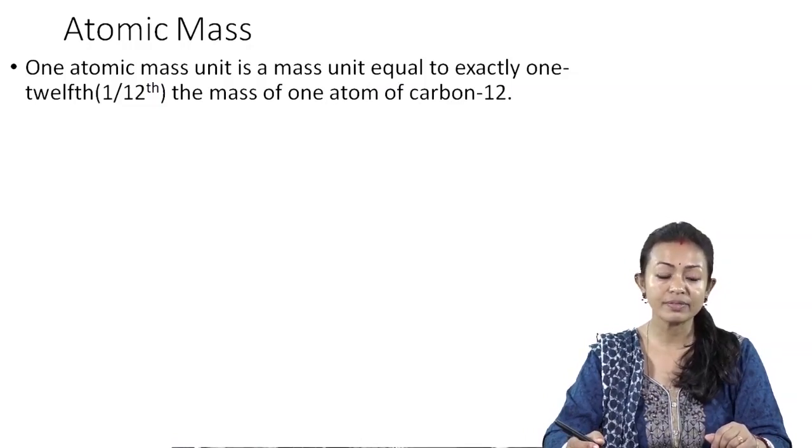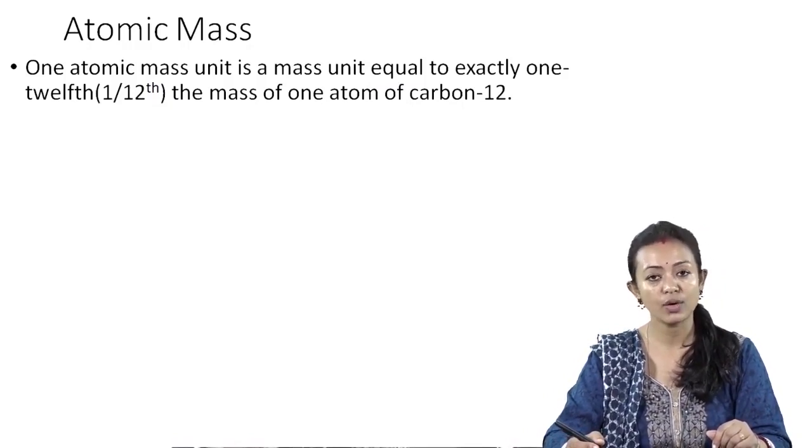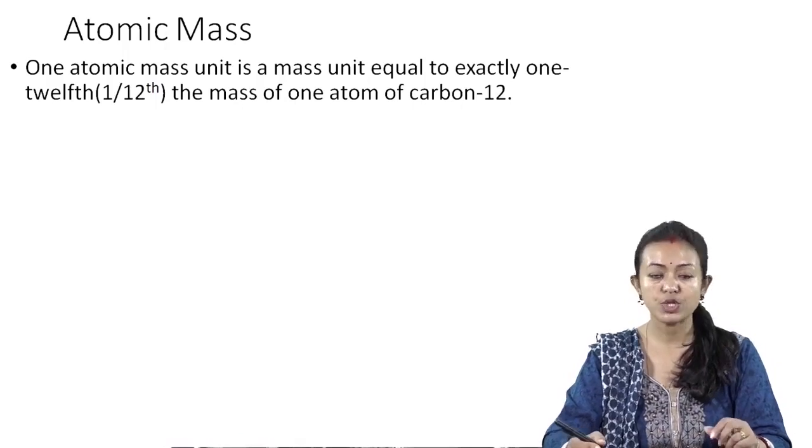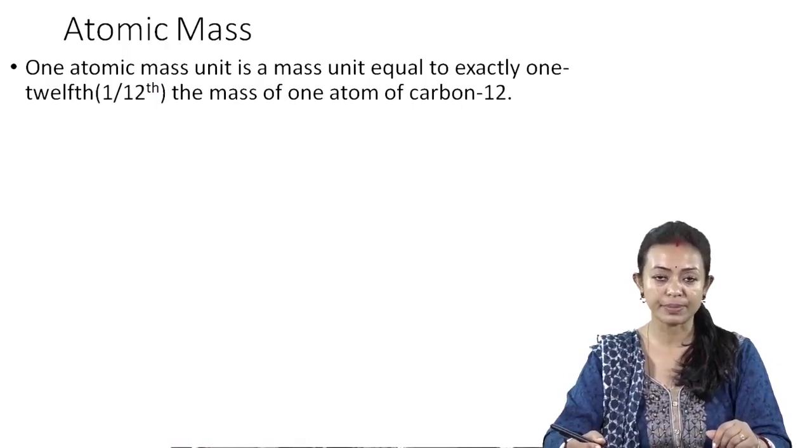Now, what is carbon-12? Carbon-12 is an isotope of carbon. Carbon exists in three isotopes: carbon-12, carbon-13 and carbon-14, which you are going to learn in the coming chapter. They took one unit of carbon-12 as the standard unit, and atoms of different elements were compared to it.